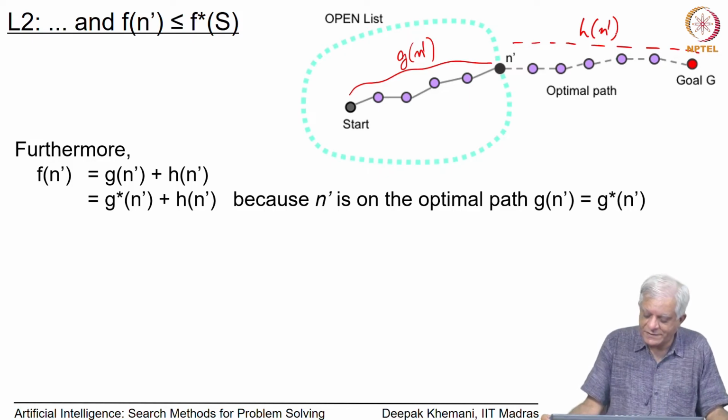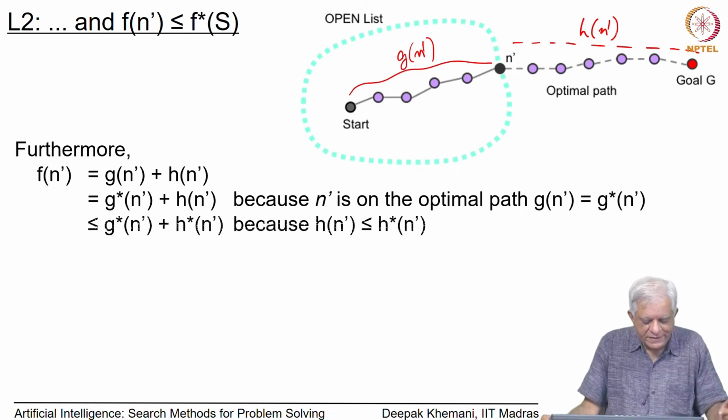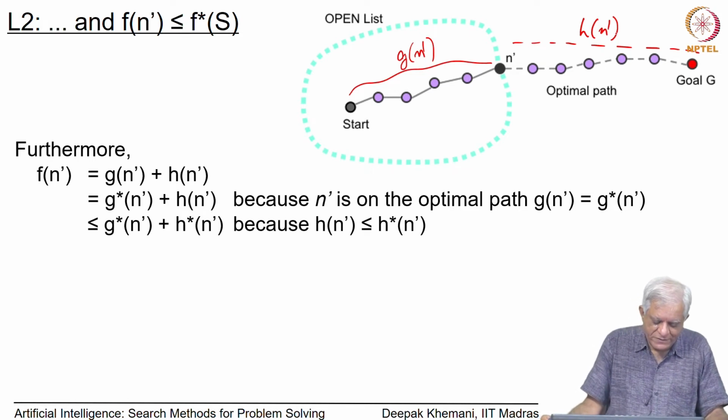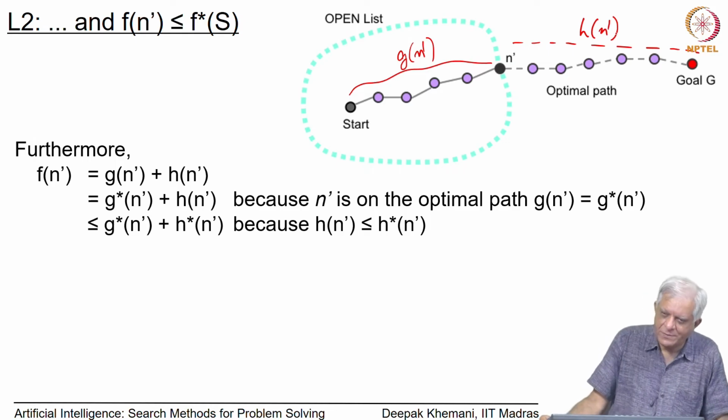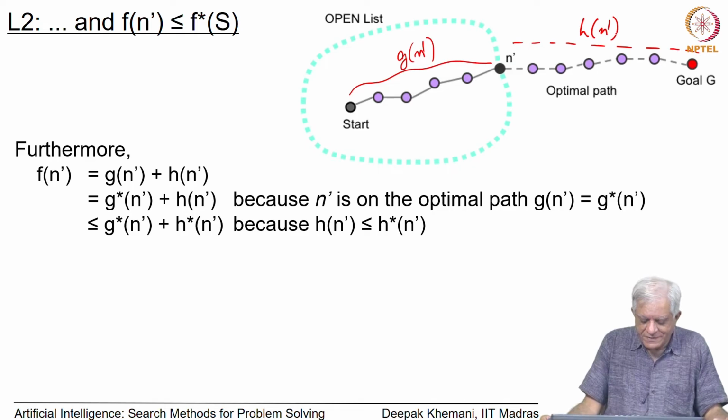This is because it is on the optimal path, so the cost will be optimal. Now, we can say that f of n prime is less than or equal to g star of n prime plus h star of n prime, and that is because of one of the conditions that we have imposed upon the heuristic function, that it must always be underestimating, which means that h of n prime is less than or equal to h star of n prime.